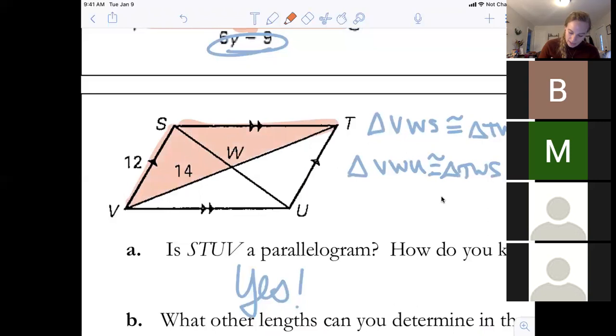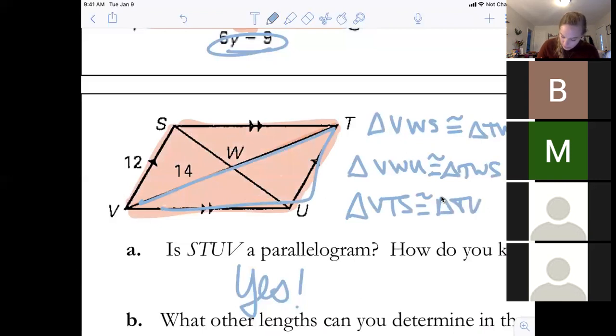VTS, and I would probably go TUV. Those are not very distinct different triangles, but yes, those big triangles we can mark too. VTS, and then TVU. Very good, Megan.